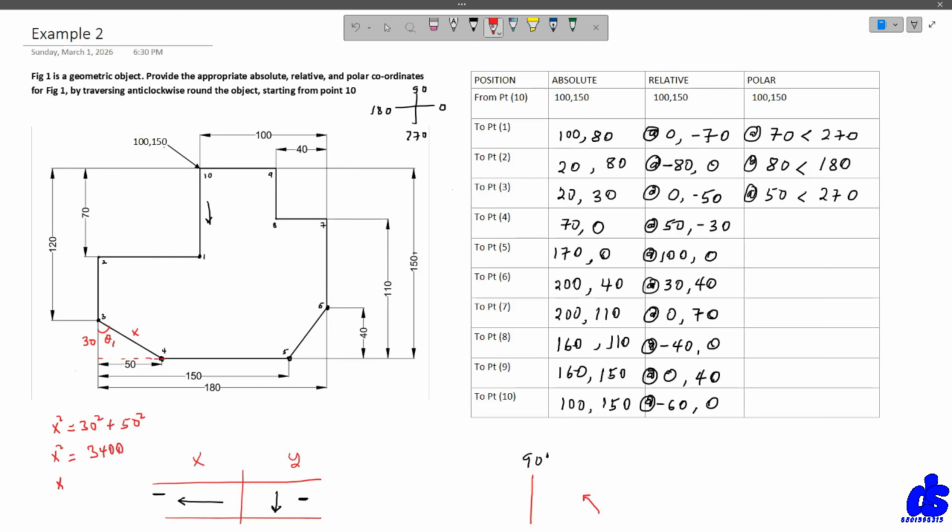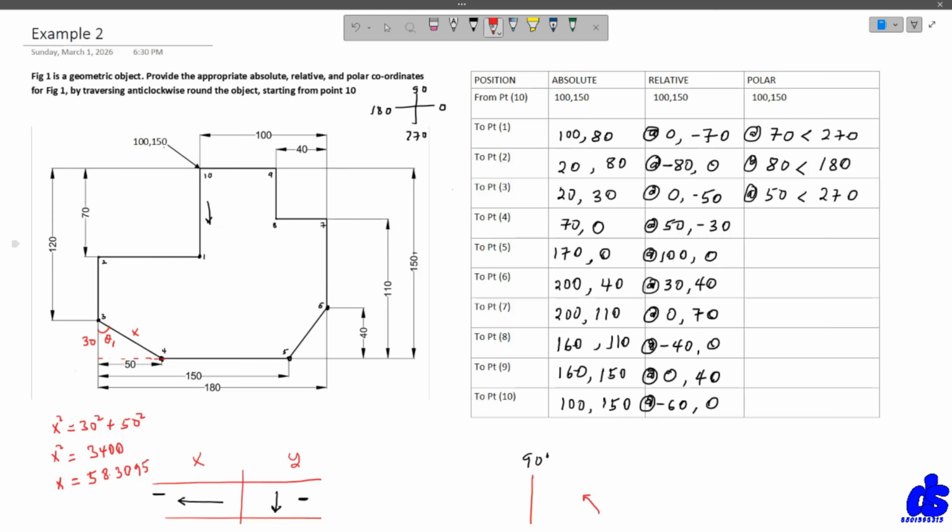Now taking the square root of that will give us a magnitude of 58.3095, taking it to 4 decimal points. So that's it for the magnitude here.